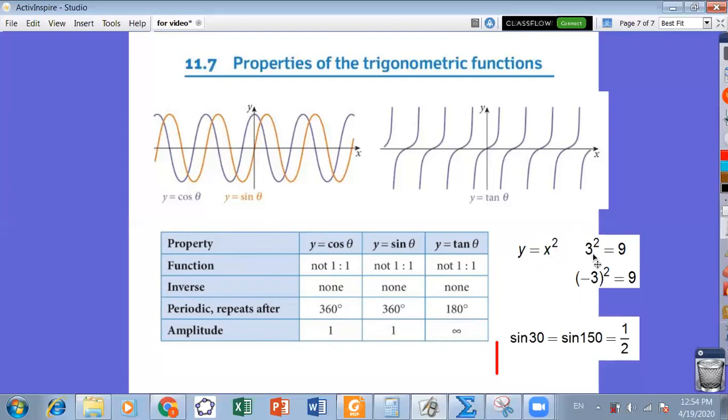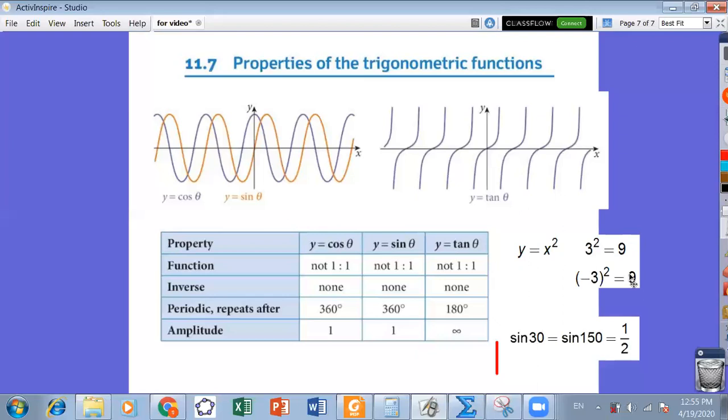Let's put in two points instead of x: the numbers -3 and 3. When I put them in, the result in both cases is 9. It means that two different points are assigned to one point, the 9. So this function is not one-to-one. This is many-to-one because several points are assigned to one.